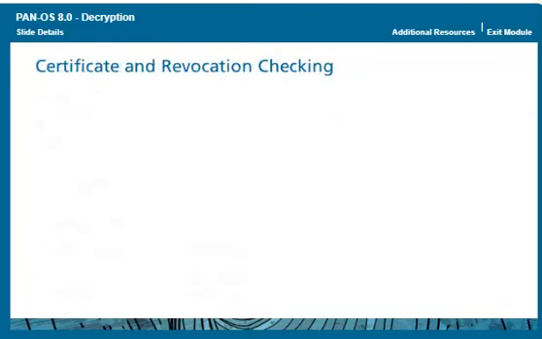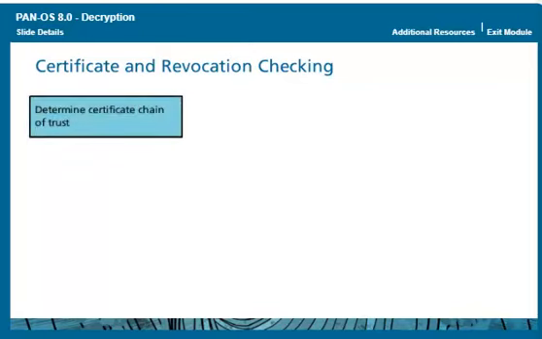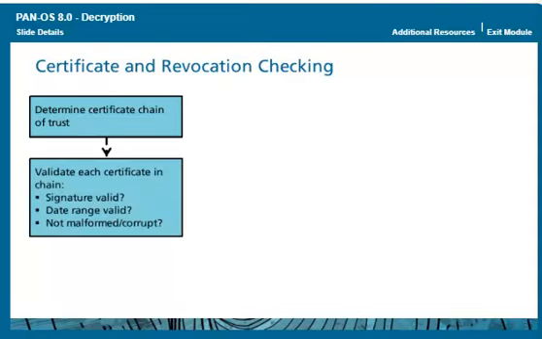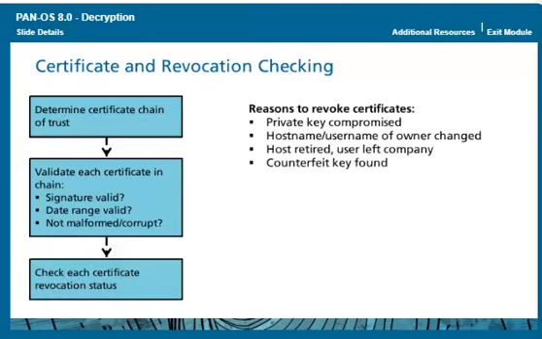All certificates in the chain of trust must be checked before an SSL/TLS connection can be considered secure. Before it can check the certificates, the SSL client must determine the chain of trust. Then the SSL client must validate each certificate in the chain. If the signatures are valid, then the SSL client must check the revocation status of each certificate in the chain.